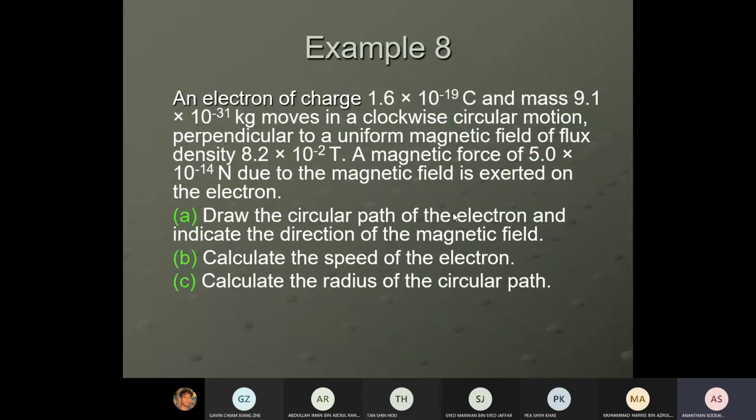Okay, one minute for you. Try to do this question. Figure out how you're going to do it. F equals BQV sine theta.